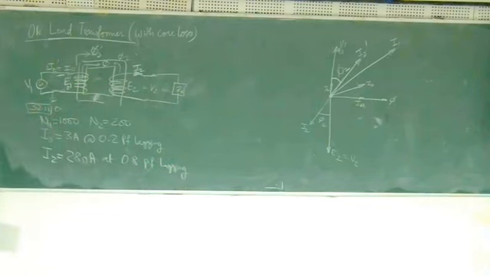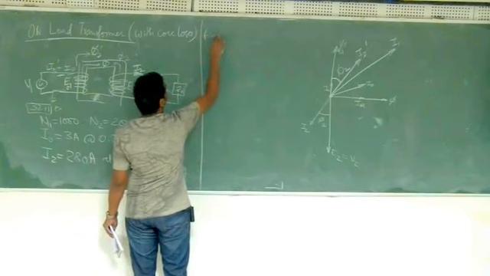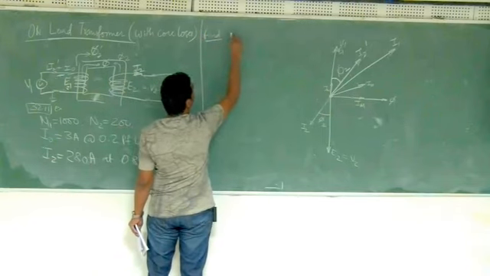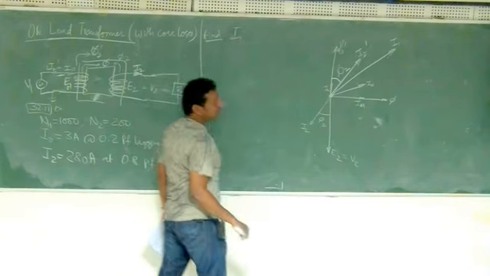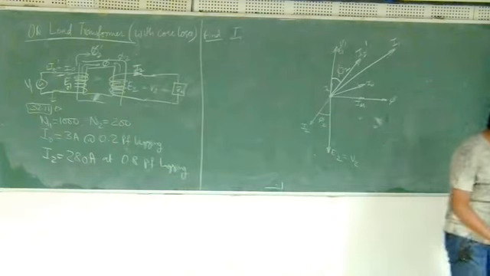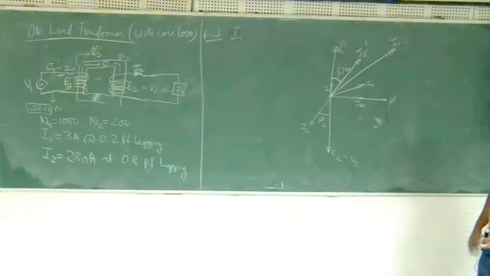So the I2 value is also given to me. Strangely, V2 and V1 values are not given, they are not required also, because what I want to find out now is I1. What is the current in the primary?